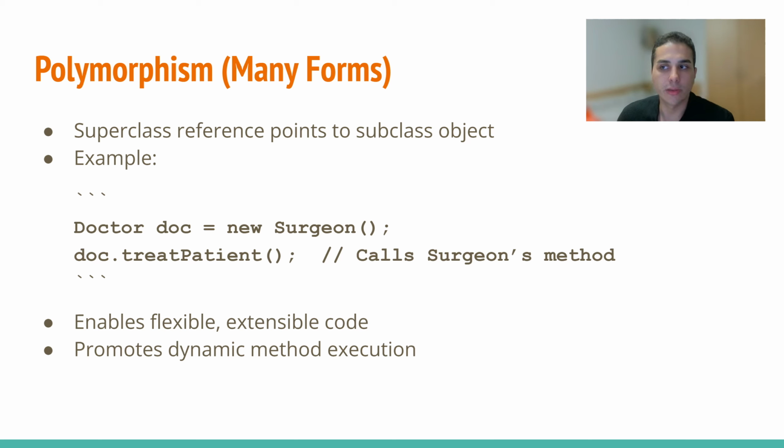This allows a subclass to be treated as a superclass type, but when overridden methods are called, the subclass's version executes. Here we have a Doctor called doc. Doctor doc = new Surgeon(), and doc.treatPatient will call the surgeon's method. Even if it's a Doctor reference, it will come from the surgeon.